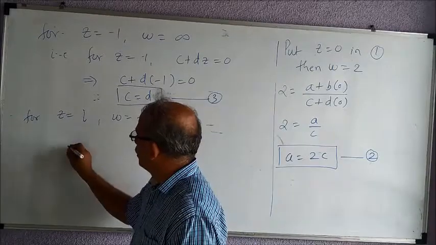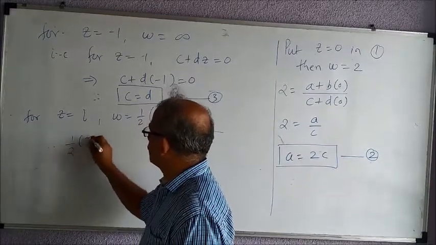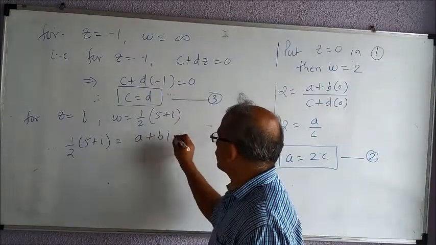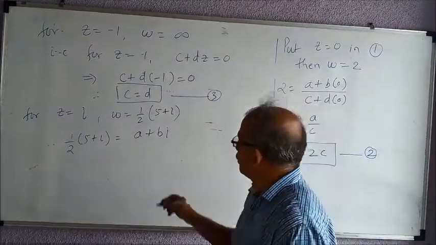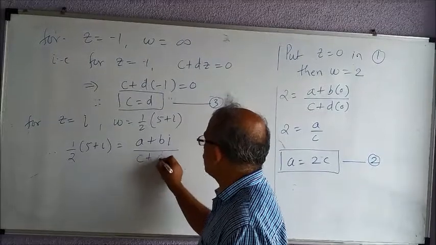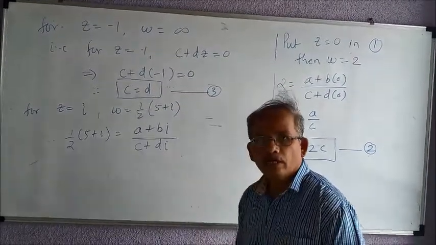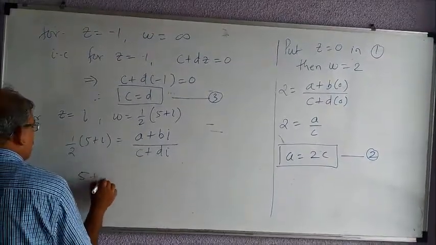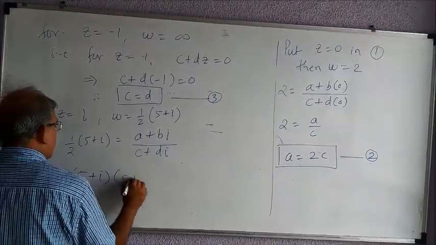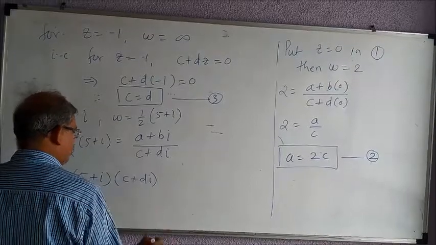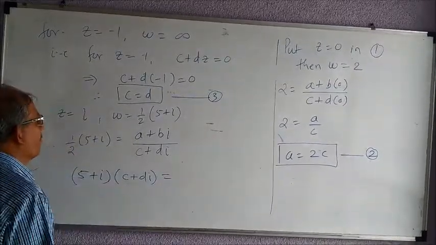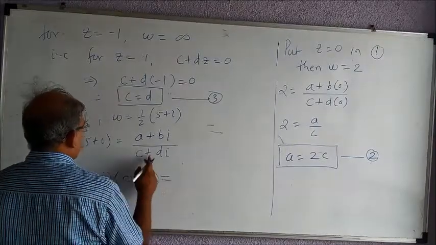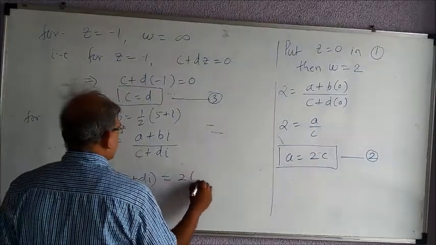Half of (5 plus i) is equal to (A plus Bi) divided by (C plus Di), putting Z as i. Okay, let us cross multiply and we'll get (5 plus i) into (C plus Di) is equal to 2 times (A plus Bi).